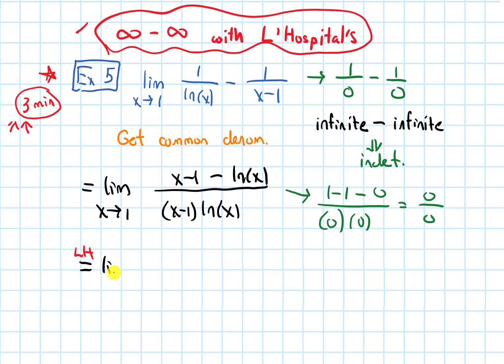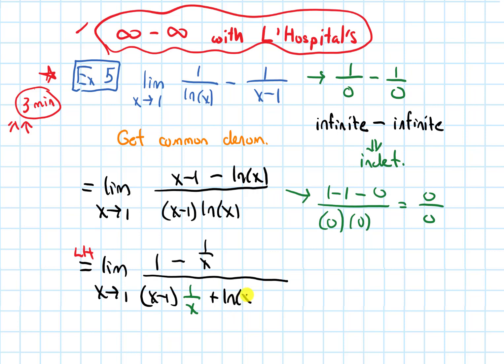We'll get the limit as x approaches 1. So the derivative of x is 1. Derivative of 1 is 0. And then minus the derivative of ln of x, that's 1 over x. On the bottom, we'll need the product rule. So I'll get the first function, x minus 1, times the derivative of the second, which is 1 over x, plus the second function, ln of x, times the derivative of that first function, x minus 1, which is 1.